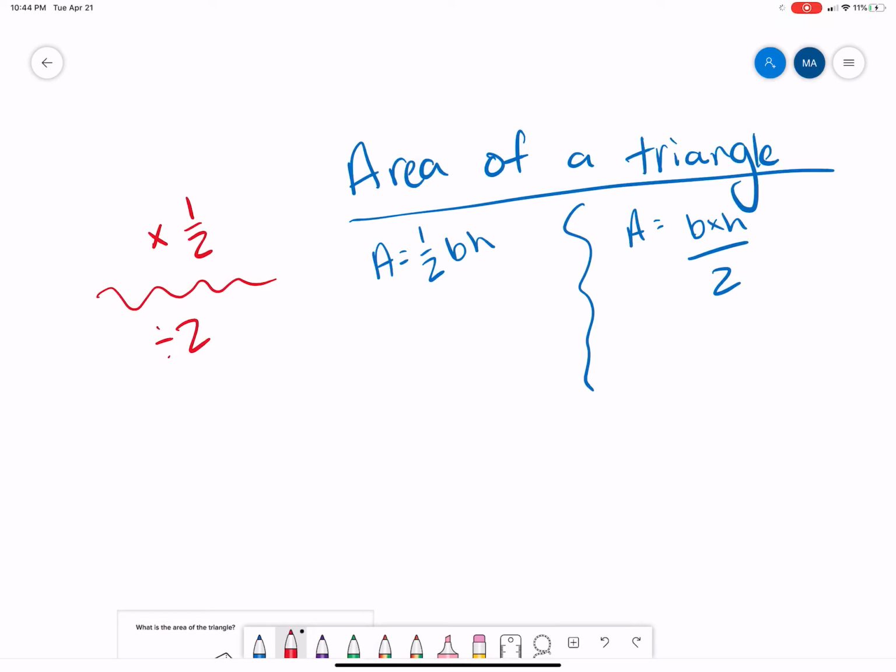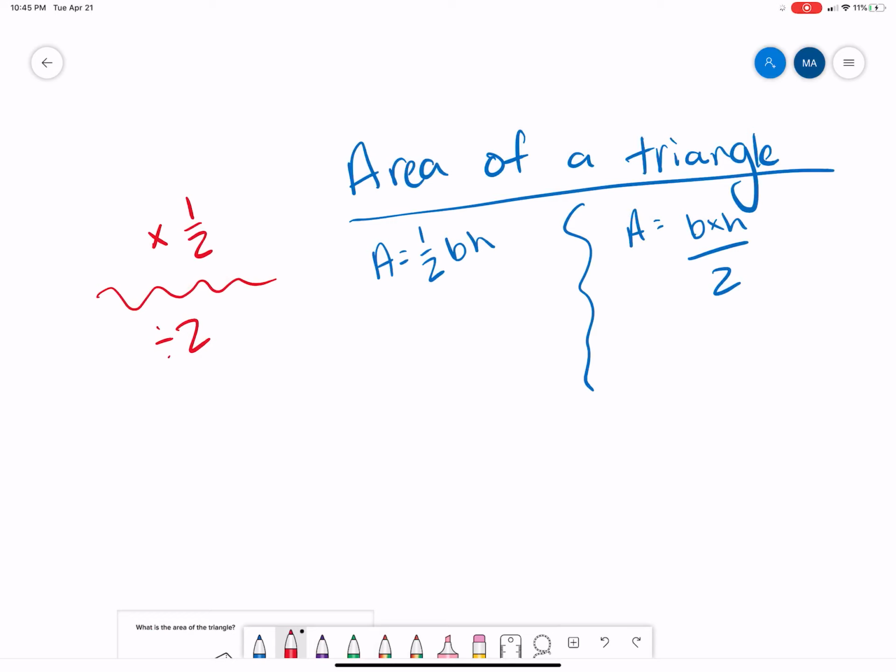Especially if I'm using a calculator, I really don't like typing anything fraction-wise into a calculator because it's just a lot of errors when I'm typing it in there. So I like to divide by 2. The one time that I will use the 1/2 is when I can easily see what half of a side is, either the base or the height, and I'll mention that in just a moment.